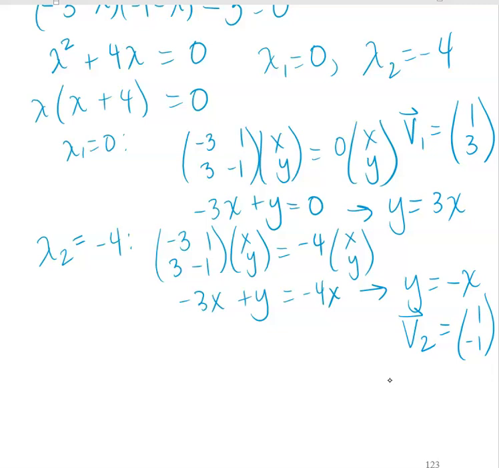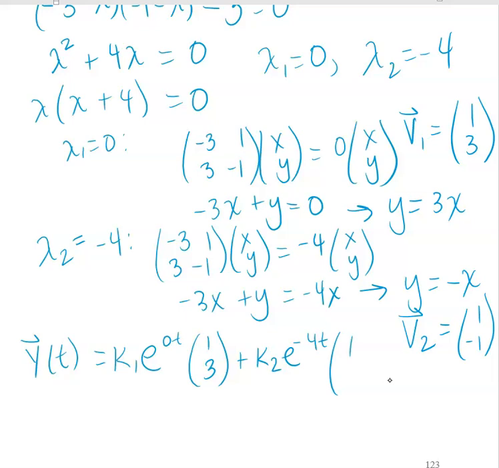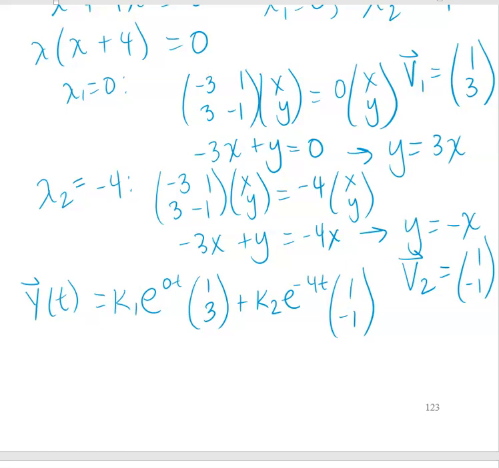So let's put all this together, and we're going to have our general solution. It's really going to follow the same format as what we had when we first started doing these, where we had two distinct real solutions. So I'm going to have k1 e to the 0t times the vector 1, 3 plus k2 times e to the -4t times the vector 1, -1. And of course e to the 0t, that's just going to give us a value of 1. So I'm going to go ahead and write these in component form.